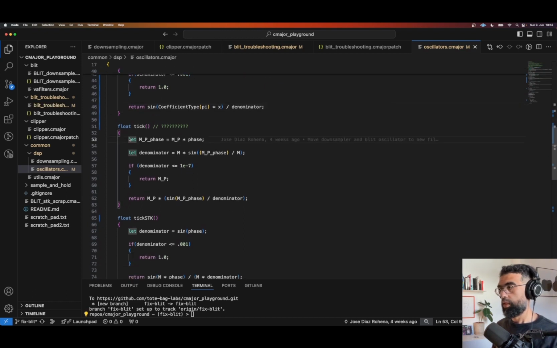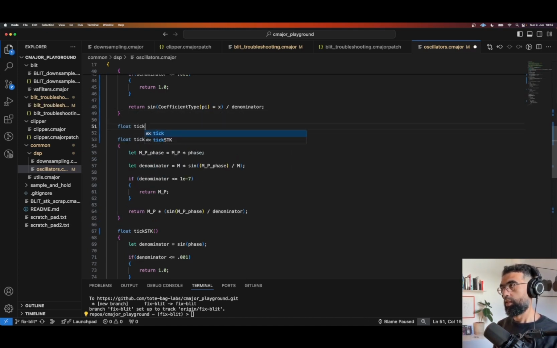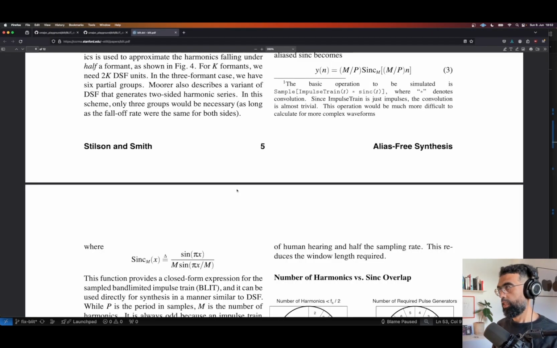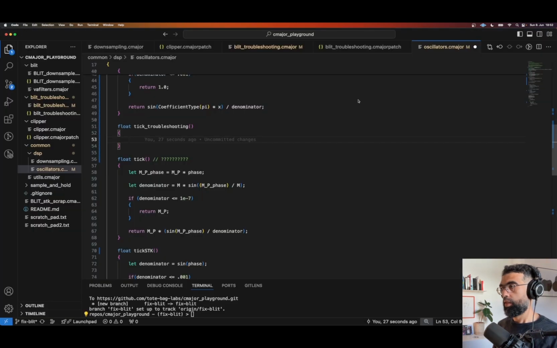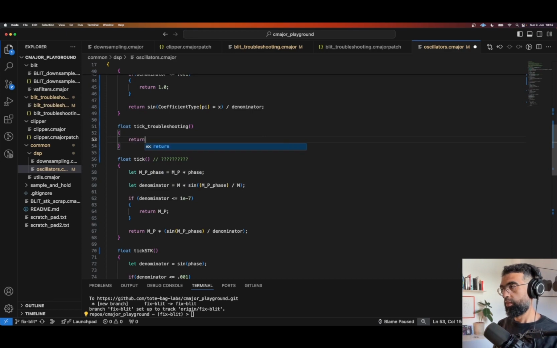And you know what? Let's tick troubleshooting. Why not? Okay. Let's take a look at this. M divided by P times sinc, and I'm going to be silly, right?